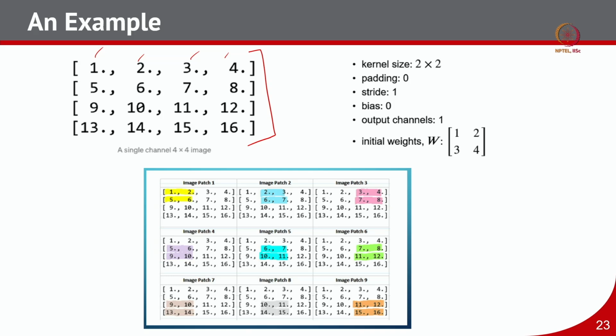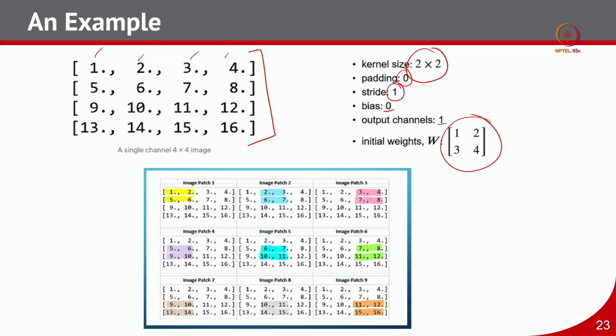Now our job is to perform a convolution operation where this image is convolved with a filter, where the kernel size is 2x2, no zero padding, stride length of 1, no bias, only one output channel, and these are the weight values.